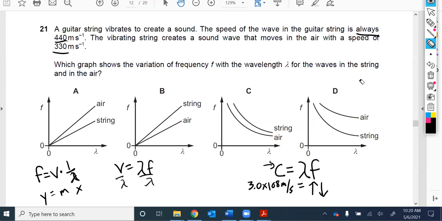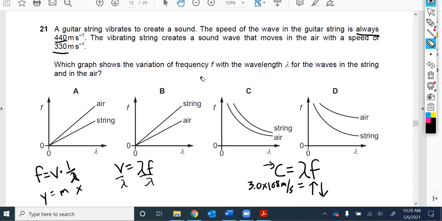The wavelengths of the waves in the string. So if the wavelengths are long, that's the wavelength in the string, then the frequency should be low, yeah. And then the slope, okay, 1 over, so that maybe explains the curve, right? Like a rational function, 1 over r, 1 over lambda.